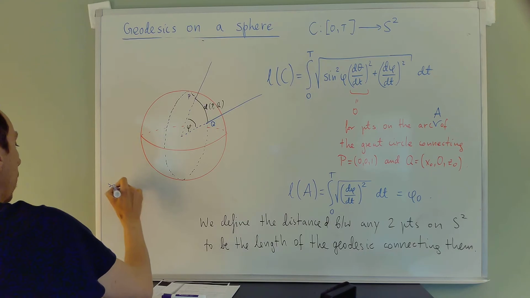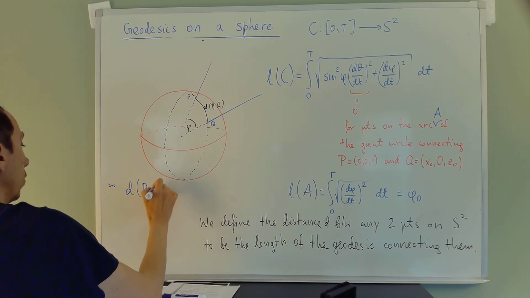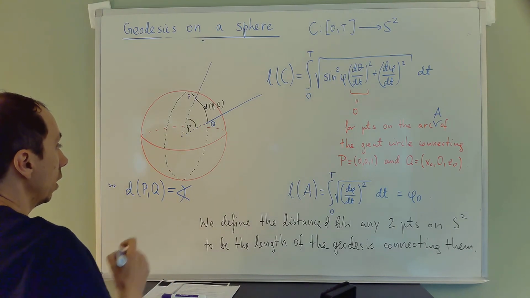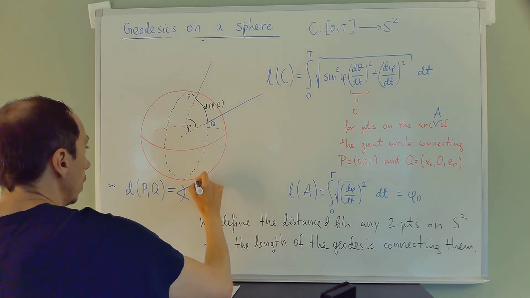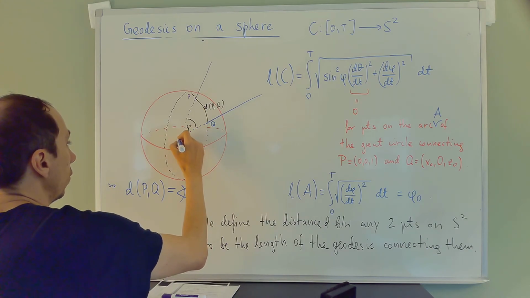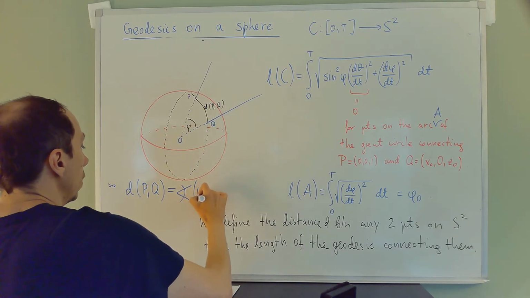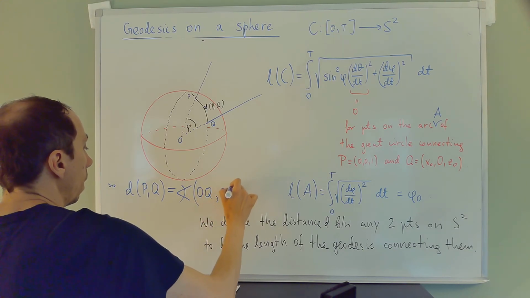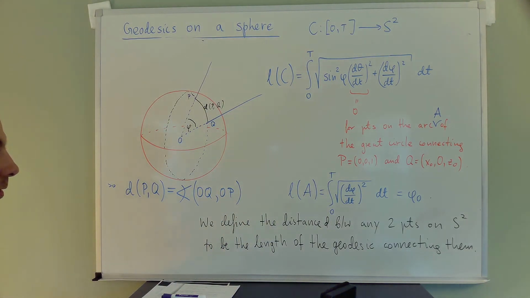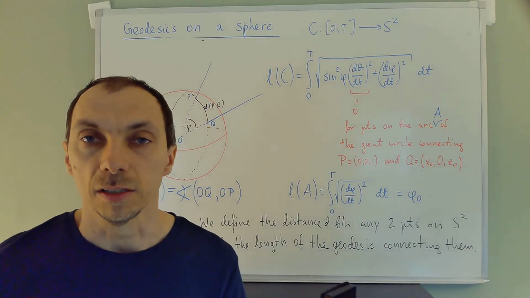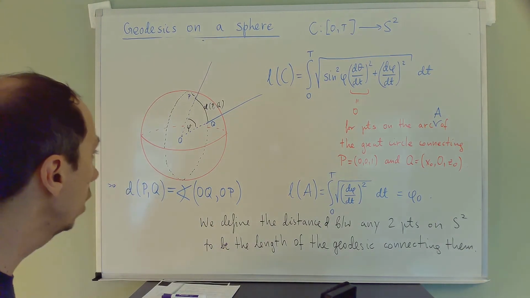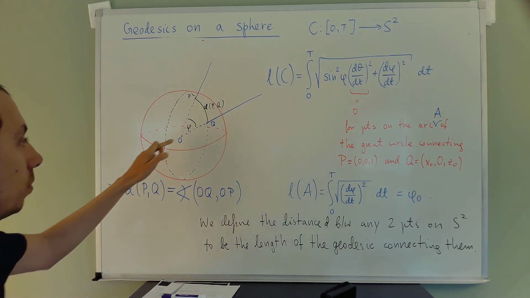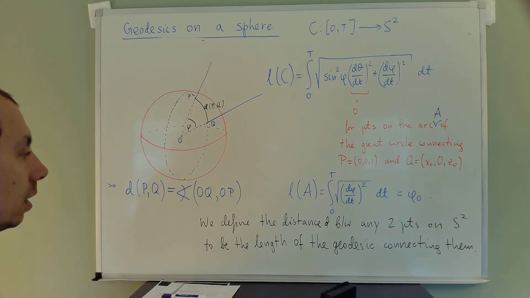So the distance between P and Q is the angle between the lines. Let's call the center of the circle 0. It's the angle between these 2 lines, 0Q and 0P, which can also be thought of as the angle between the 2 vectors, the vectors 0P and 0Q.